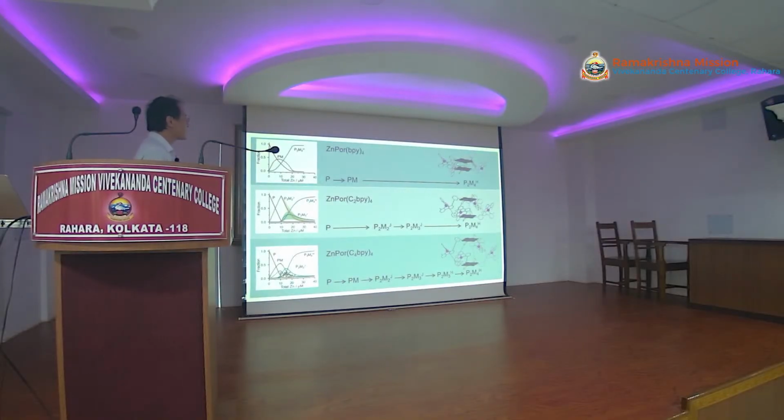The one without spacer has a very small number of intermediates, and the one with the shortest spacer has 2 intermediate species, and the one with the longest spacer has many intermediate species.